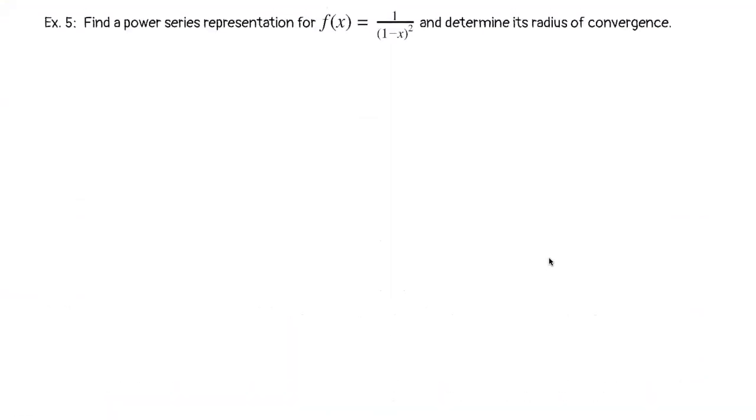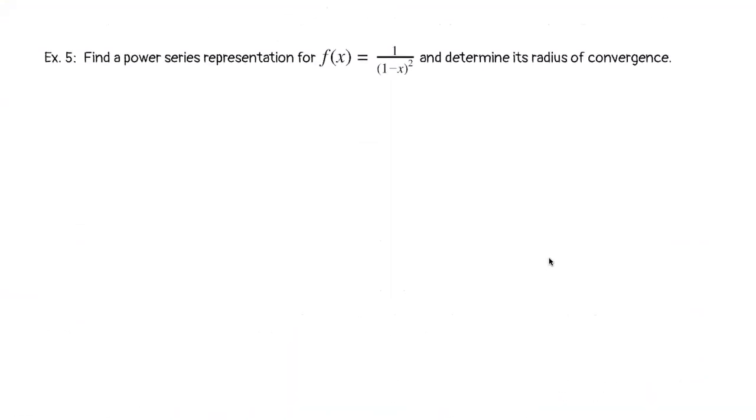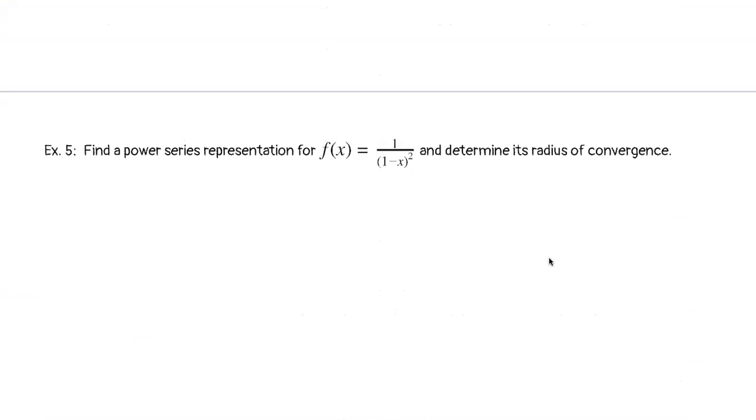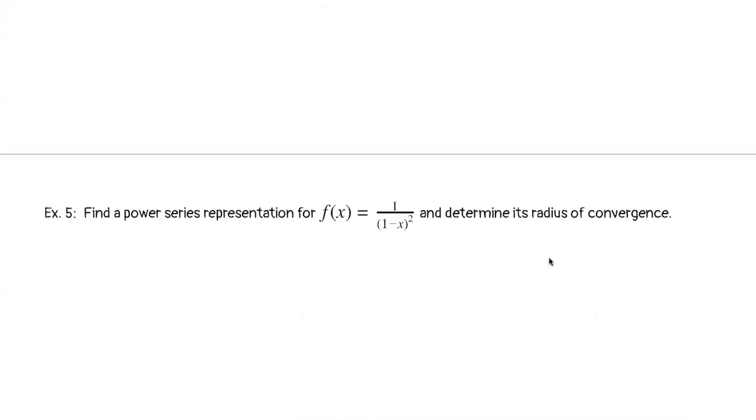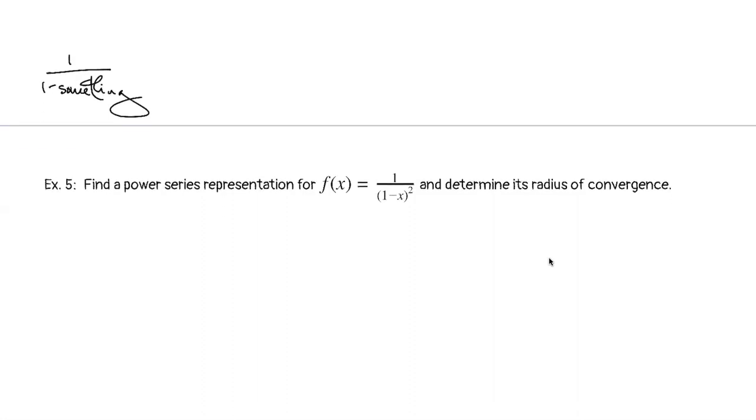And so one thing you might notice is that neither of these look very much like 1 over 1 minus something. There's like too many other things going on. So for example, in example number 5, I have 1 minus something, but then it's squared, which makes it totally different from 1 minus something, okay?